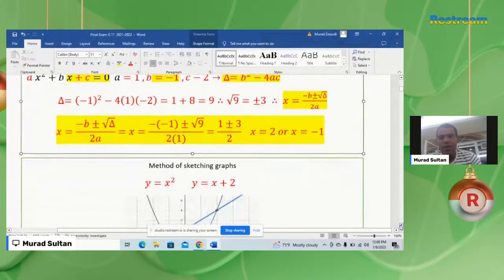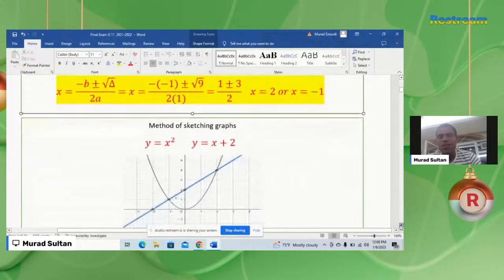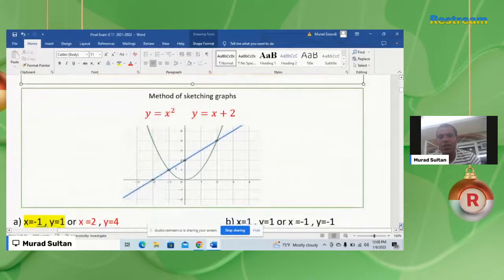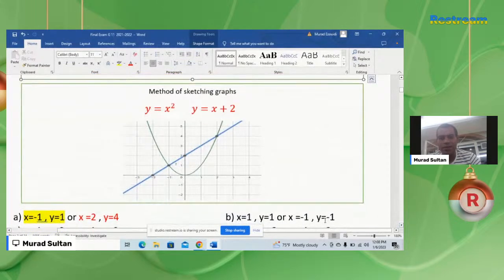Okay. Now we are going to sketch this. So the method of sketching graphs will be like that. The method of sketching graphs is y equal x square and y equal x plus 2. Therefore, this is the curve of my first equation, and this one is the line that cuts the curve.